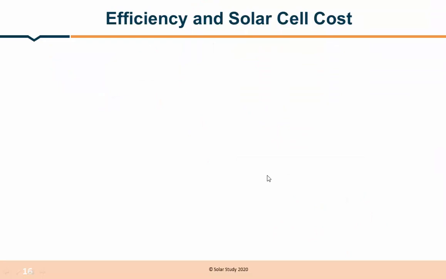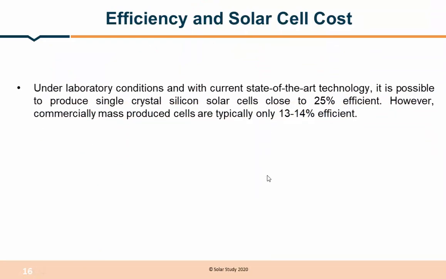So now we will see the efficiency of the solar cell and its cost. Basically, there will be a lot of fabrication cost involved and some other constraints, because we can't get highly effective atoms and we have to use some advanced technology.